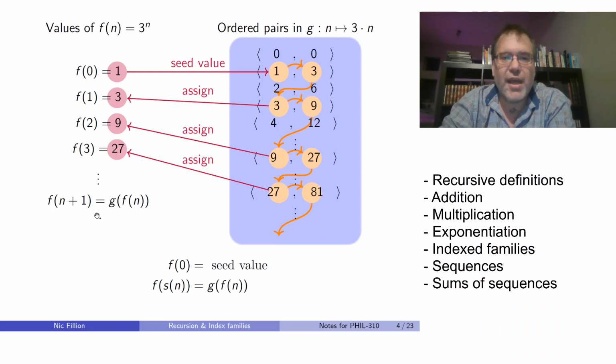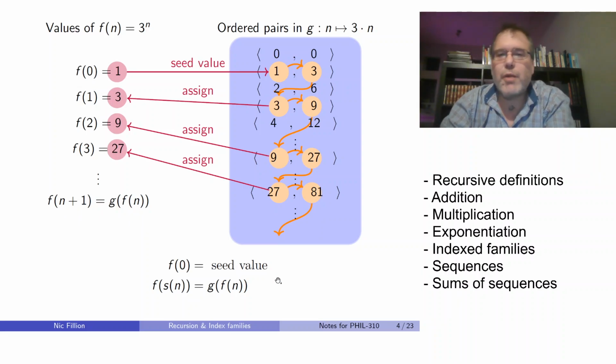So for n plus 1, or the successor of n, we're going to just apply the function g to the value of the function f, but not for n plus 1, for the one just before that, okay?